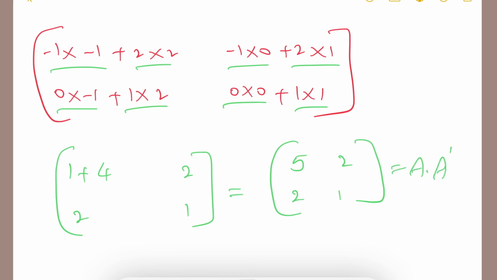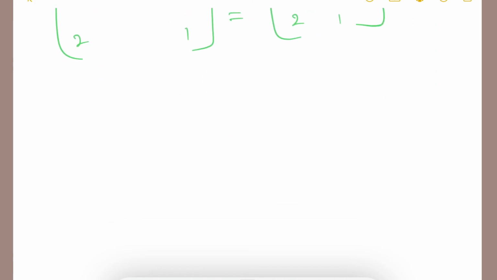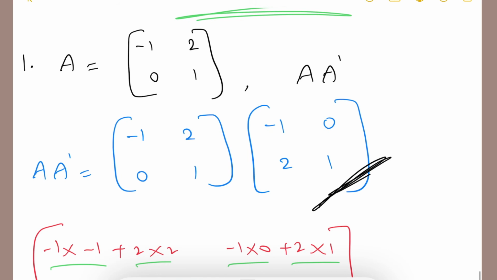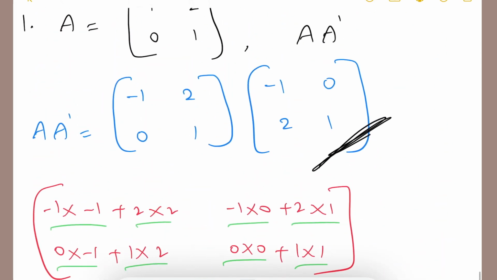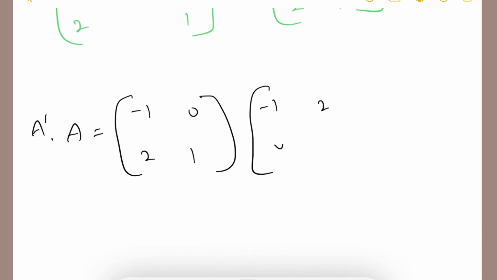Now we need to find out A transpose into A also, because he is asking to check whether A and A transpose commute with respect to multiplication or not. So A transpose into A. Here this is A transpose, [-1, 0; 2, 1] into matrix A. It is given in the question, that is [-1, 2; 0, 1].